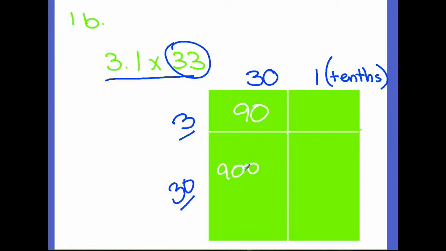Okay, now what do I do? Now what do I do? 30 times 1 is 30.